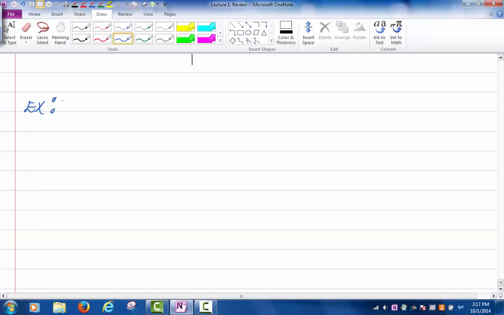Let's say I have to show that the equation x cubed minus x equals 1 has a solution. How would I show that?